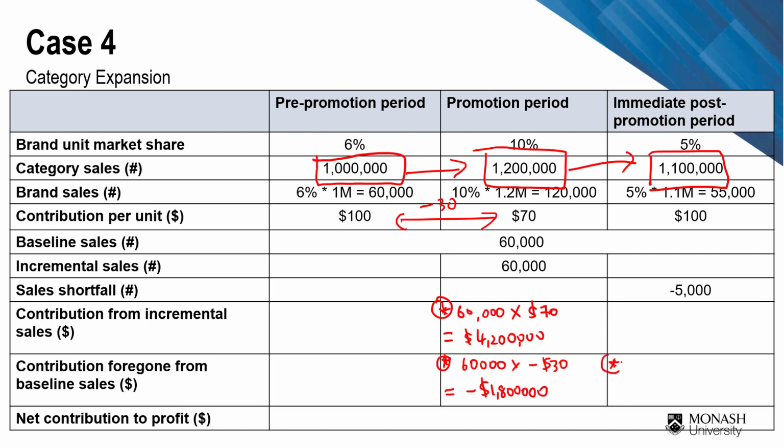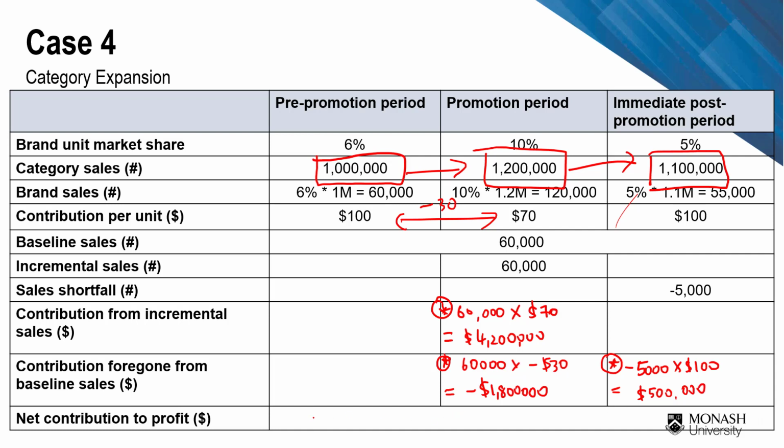And lastly, we can see in here as well, there is a shortfall because the baseline is actually 60K, but it is 55K. So you are actually losing 5,000 units. Because of that, that's going to be 5,000 times $100. So that's going to give me 500,000.